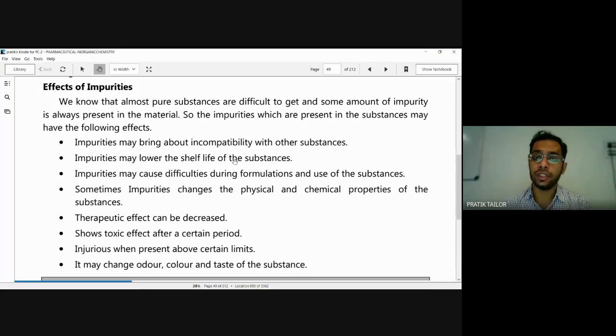Impurity changes the physical and chemical property of the substance. It may make your compound smelly, filthy, an ugly-looking preparation that the patient won't accept. So this is how it sometimes changes the appearance of the product.